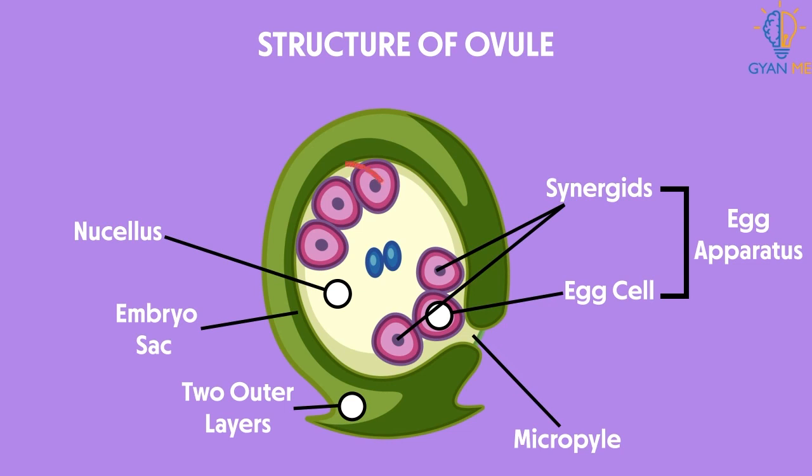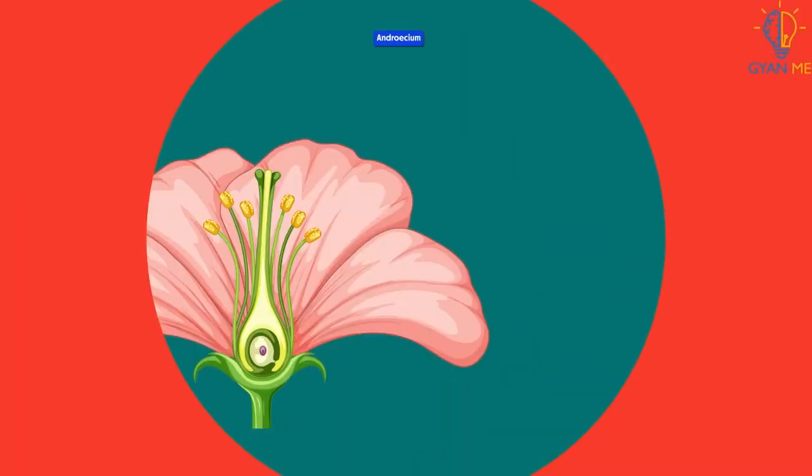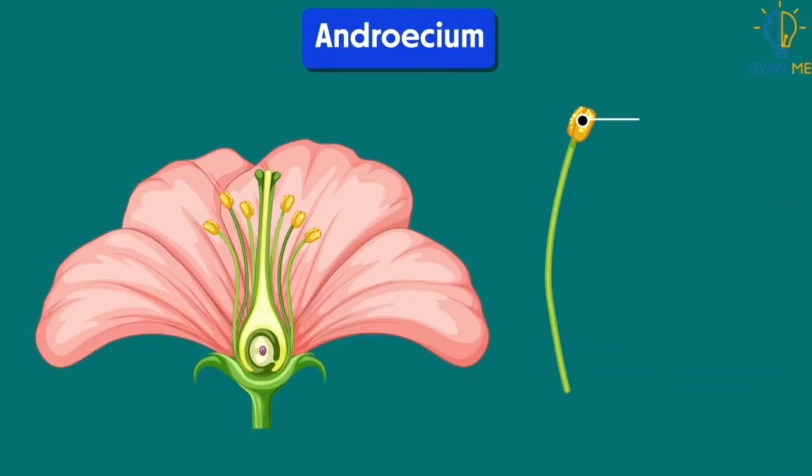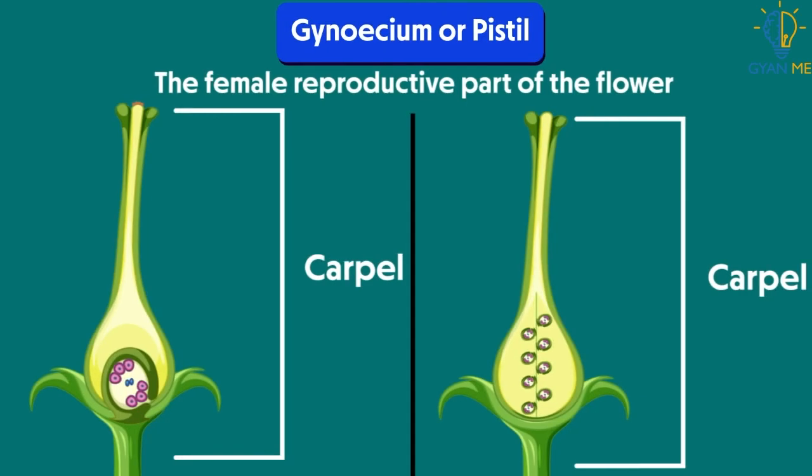And the 3 cells at the opposite end are called the antipodal cells. The remaining one in the middle, as you can see here, has 2 distinct nuclei within it and is thus called the polar nuclei.